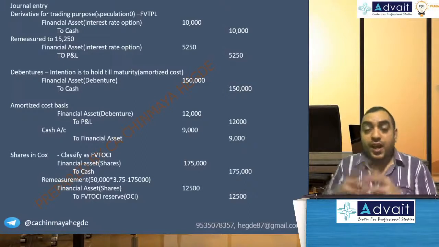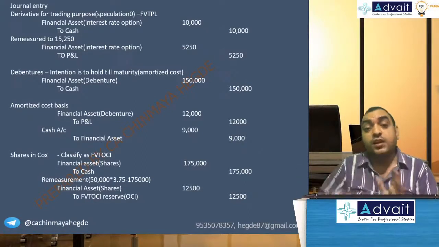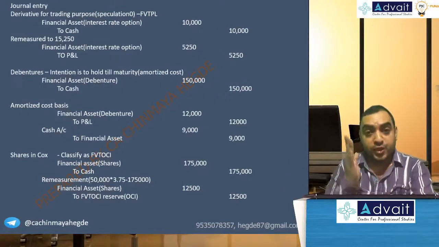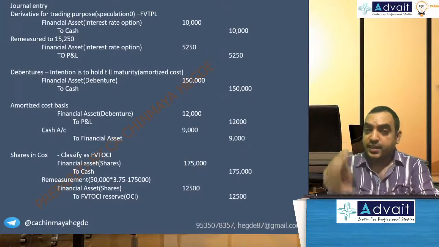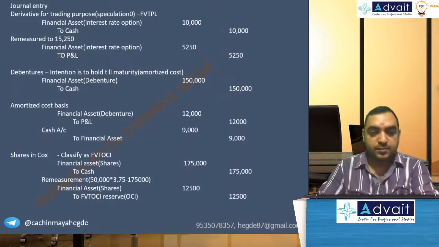Therefore, they will go for it. Unless it is unavoidable, they don't go to P&L. That is the answer regarding this one. And balance sheet, obviously whatever the asset values, all these things will come in the balance sheet.